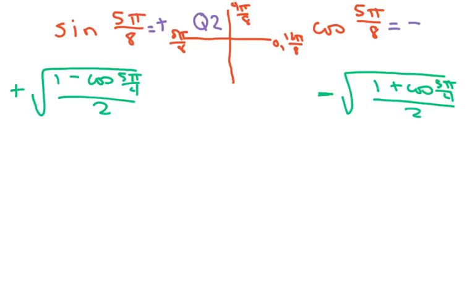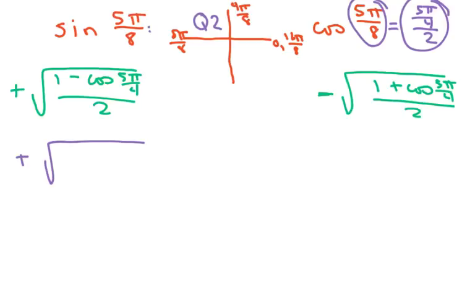What I did here is like on the previous slide: I wrote this as 5 pi over 4 divided by 2, which equals 5 pi over 8. So now you just simplify this.